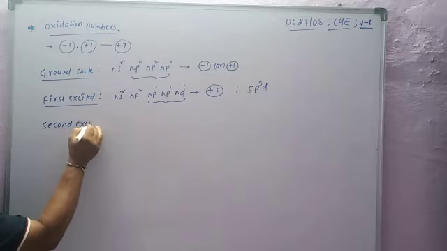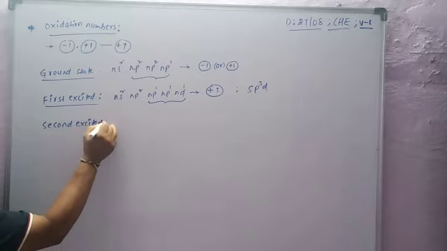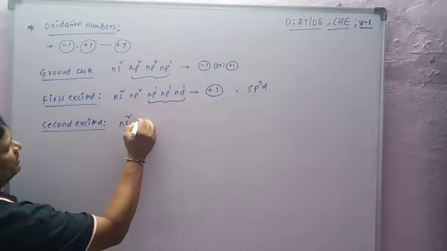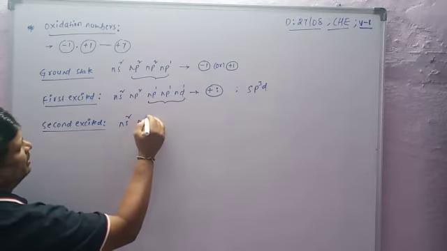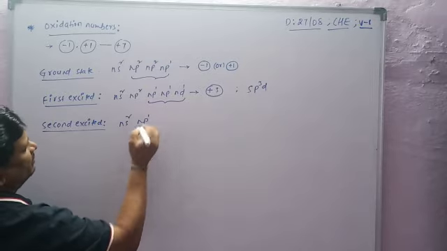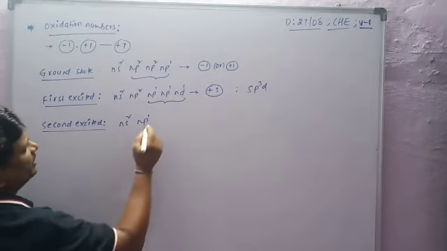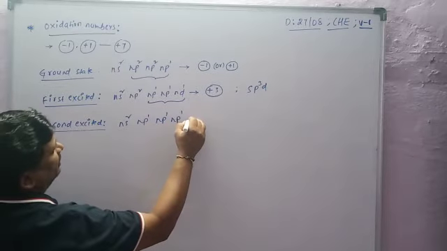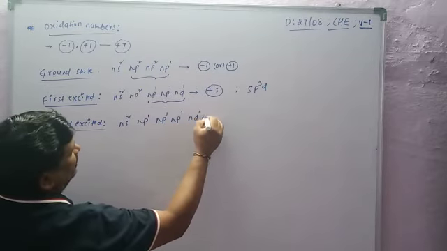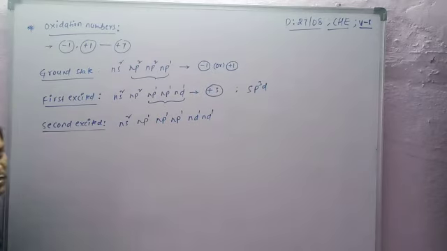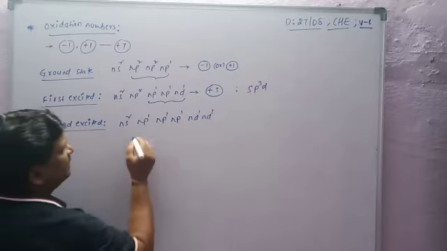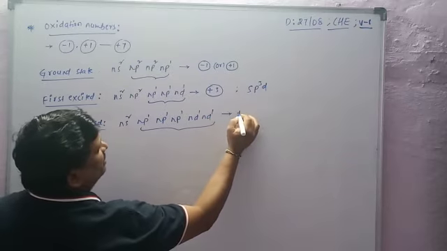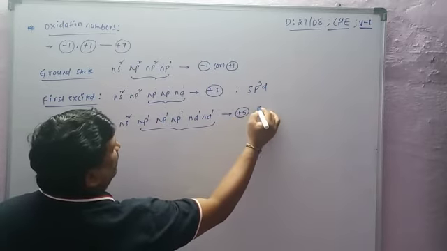The second excited state electronic configuration is ns2 np1 np1 np1 nd1 nd1. It has 5 unpaired valence electrons, so the oxidation number is +5.